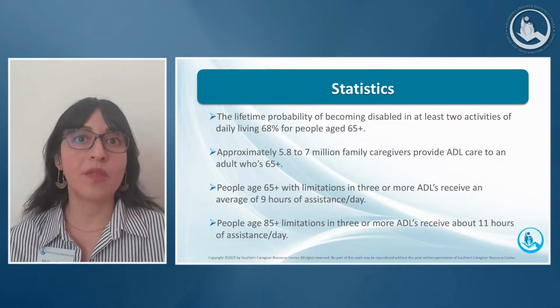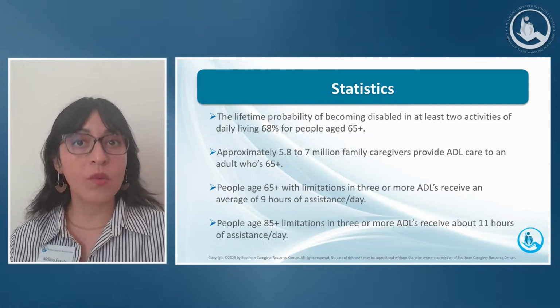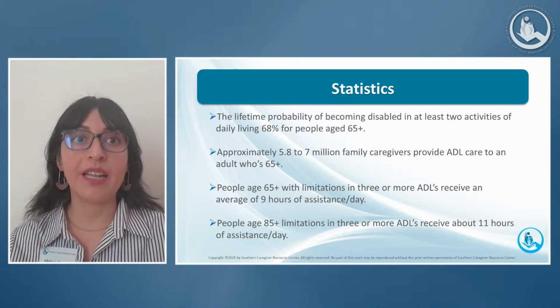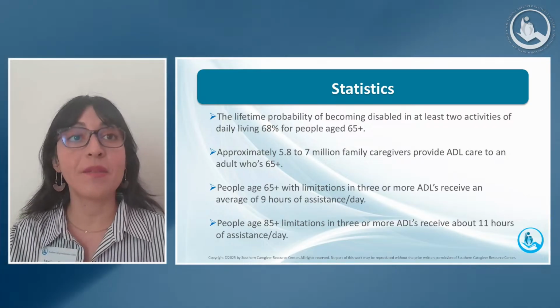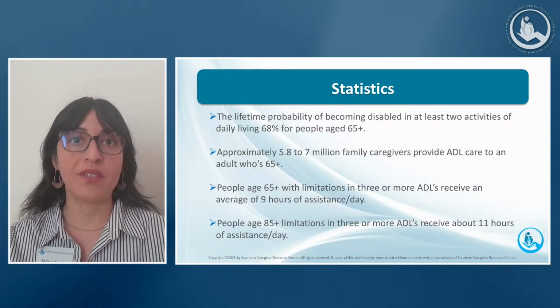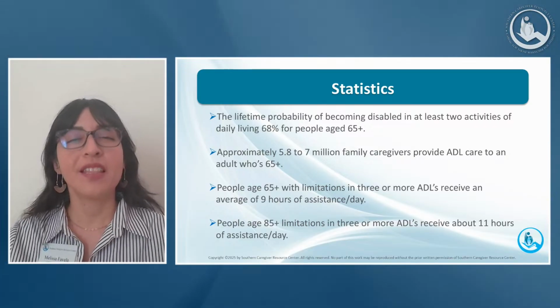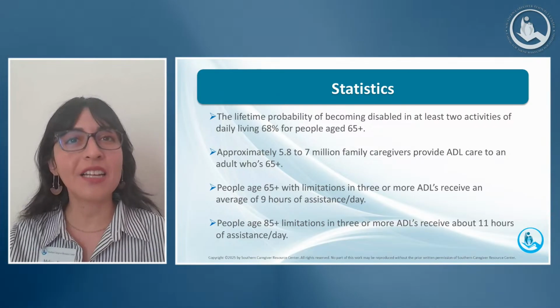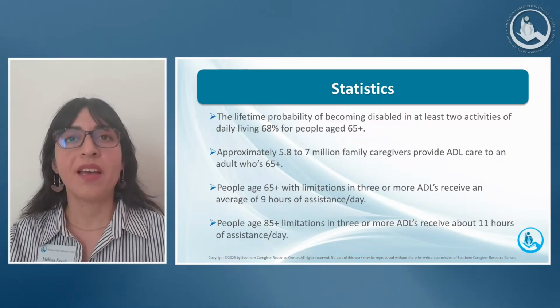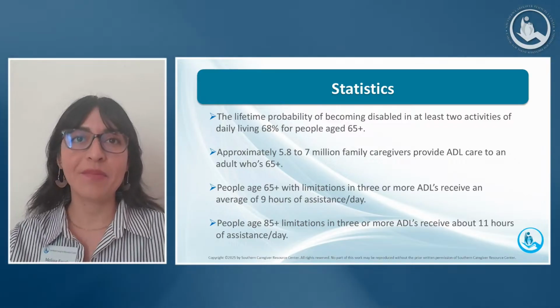So yes, we can assume that the older we become, maybe we need more assistance with ADLs, right? Now, this is not necessarily something that should happen, but we do see that it happens. Okay, and so again, if these statistics aren't necessarily clear, especially those last two, don't worry because we will discuss them a little bit more. Next slide, please.